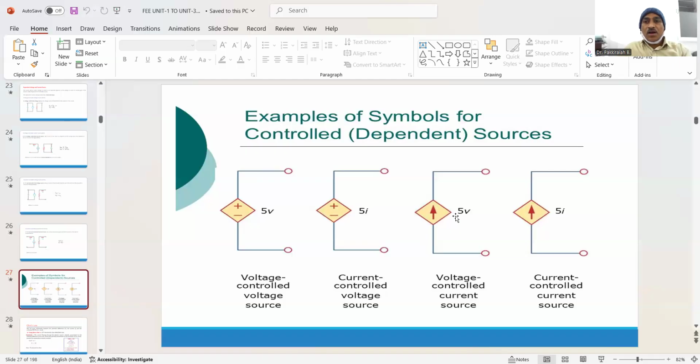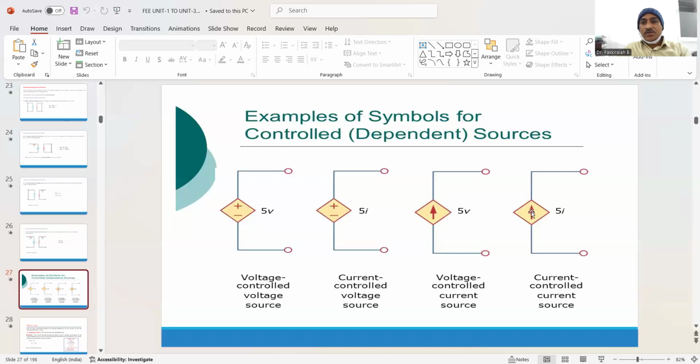Here the rhombus or diamond shape means a dependent source, and the arrow indication is a current source. So a dependent current source depending on some additional voltage parameter V, 5V. So voltage dependent current source or voltage controlled current source.